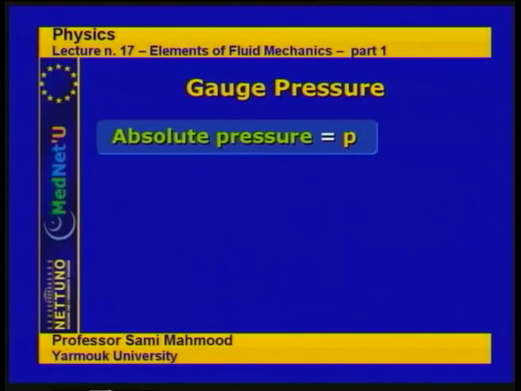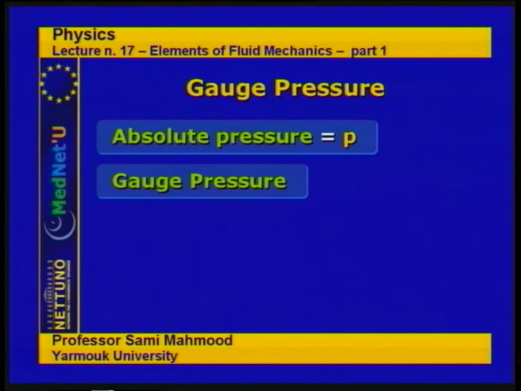We have calculated the pressure at a given depth, P, for example, inside a fluid, and P is called the absolute pressure, but we have a quantity that we call the gauge pressure. Sometimes we are interested not in the absolute pressure, but in how much more pressure than the atmospheric pressure that fluid has at that particular point. That's called the gauge pressure, and it's defined as delta P equal to the absolute pressure minus P naught.